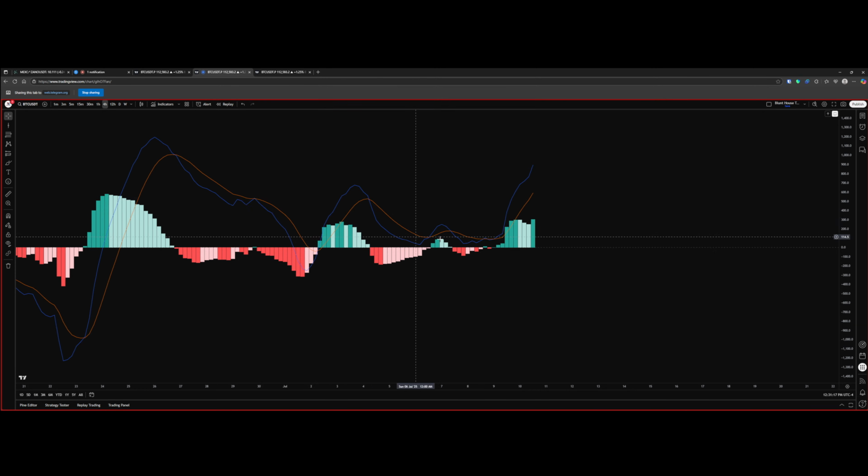But when you see the moving average and signal line hold above 0, and then your histograms start to change like they do here or over here, that's telling you that there's an influx of money coming in.